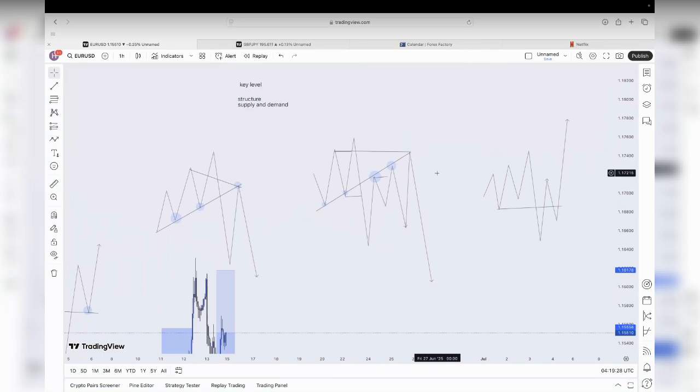After understanding structure and supply and demand, because those are the two things that move the market. If you understand the principle that governs your strategy and why it works and how it works, you know that supply and demand, price action, moving average, SMC, ICT, everything are all intertwined together. Everything is the same thing.